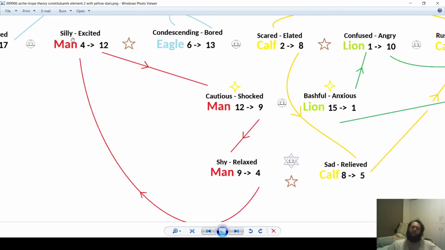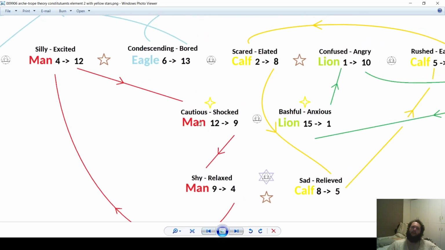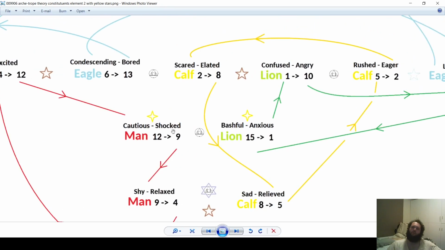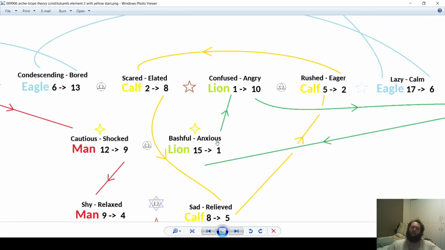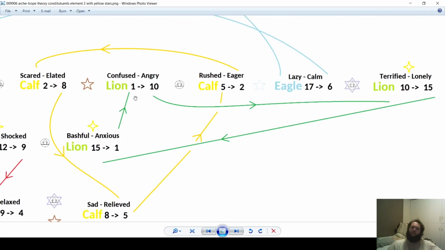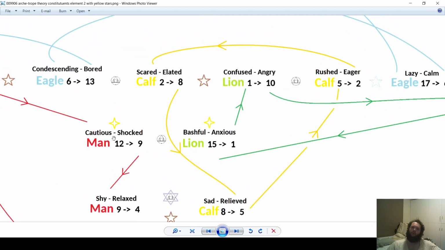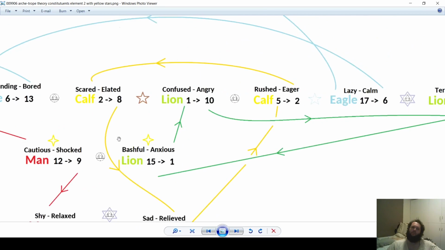So for example, this field circuit of man, this triangle here, if you're cautious or shocked, a mechanical symmetry can correspond with being bashful or anxious, which is in the lion field circuit.